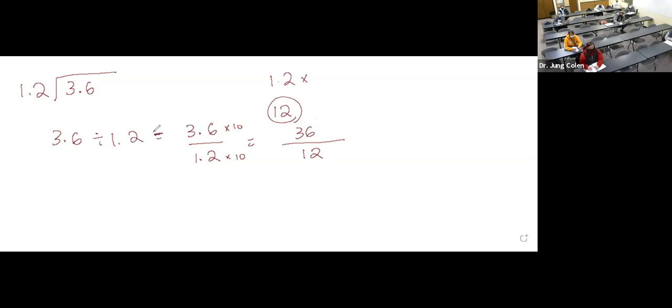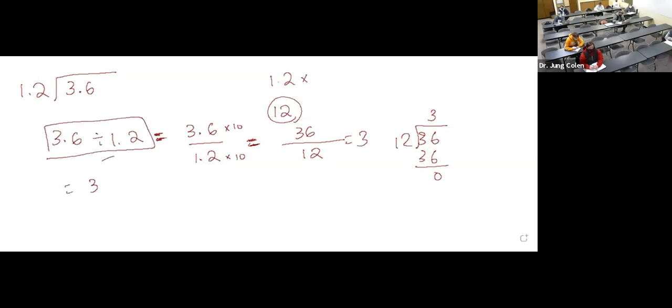So these are exactly the same. So rather than doing 3.6 divided by 1.2, 36 divided by 12 is easier because we are dealing with whole numbers, right? So you can do it that way. Now we can just divide 36 by 12 and see 3 goes in, right? So that's 36. So the answer is 3. So 3.6 divided by 1.2 is 3.